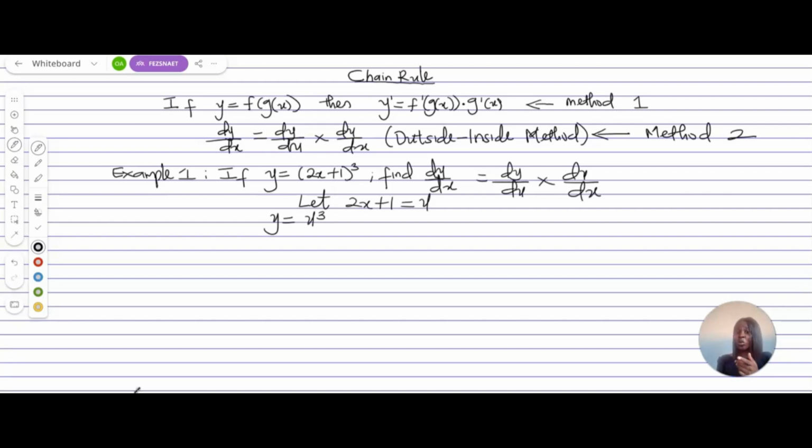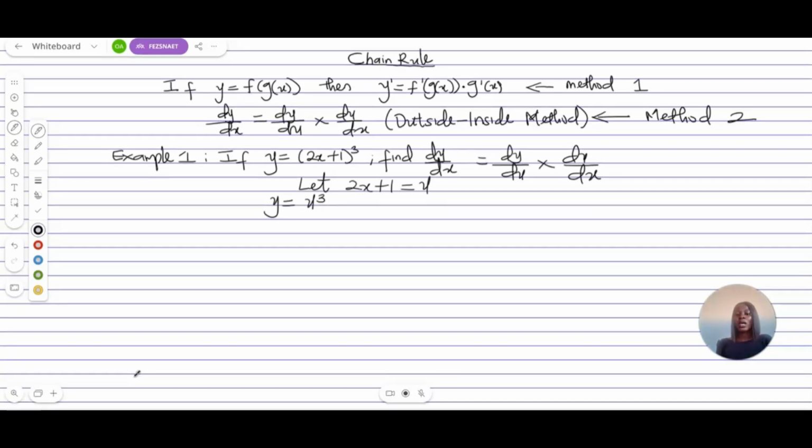It tells us that I need dy/du and I also need du/dx. So I need to get the derivative of u with respect to x, and the derivative of y with respect to u.